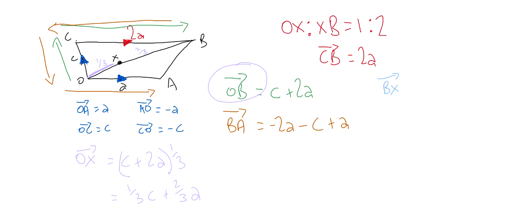I'm going this way and this way. So I've got negative 2A, this direction, minus C in that direction, and I want 2/3 of that length. So that is negative 4/3 A minus 2/3 C, if I open up my brackets.